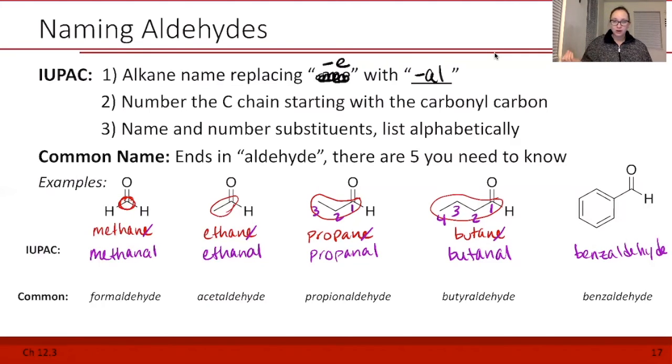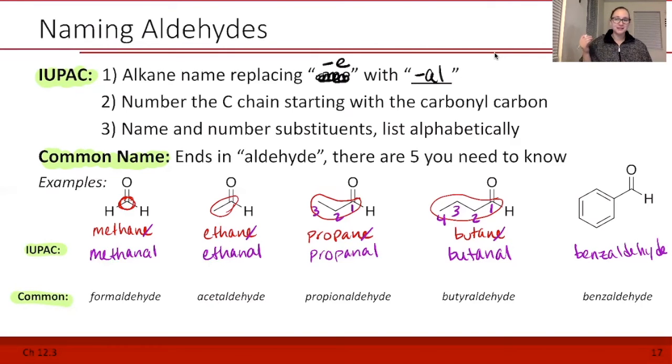However, we're going to start also using common names for molecules. So we have our IUPAC names, and we also have our common names. These common names end in aldehyde, and there are 5 that I expect you to know, and it's these 5 molecules here. The common name for methanal is actually formaldehyde.